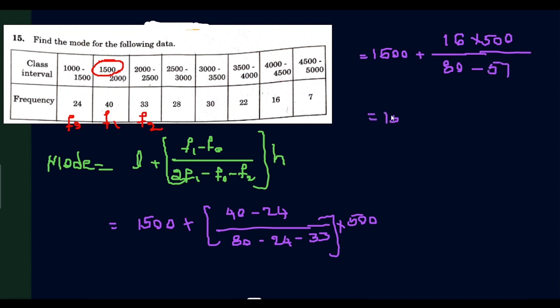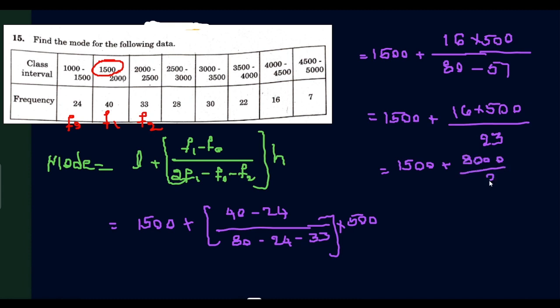Now it becomes 1500 plus 16 into 500 only, because in the denominator we have one more term, that is equal to 23. Now this becomes 1500 plus 16 into 500, which is 8000, by 23. Got it? And there is no direct cancellation of 8000 by 23.